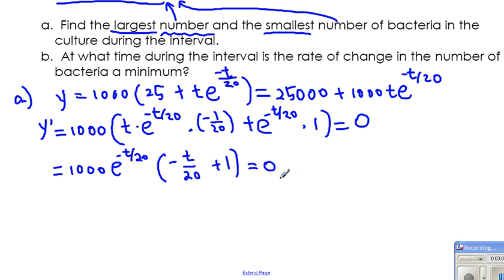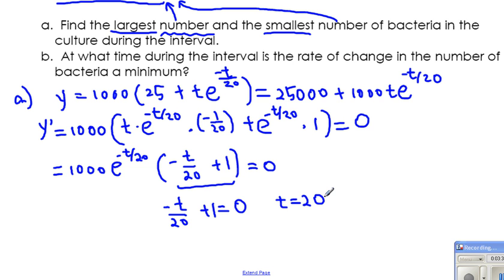Since e to the negative t can never be equal to 0, negative t over 20 plus 1 must be equal to 0, then we realize that t must be equal to 20.